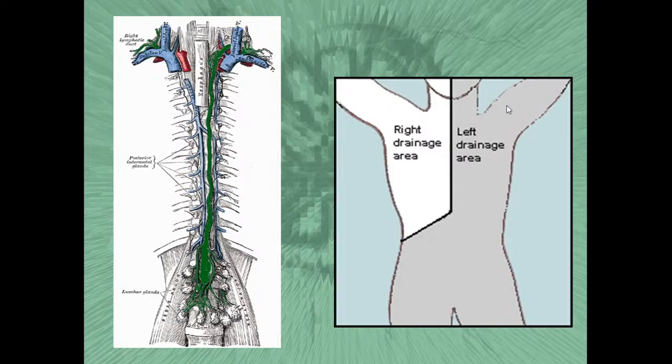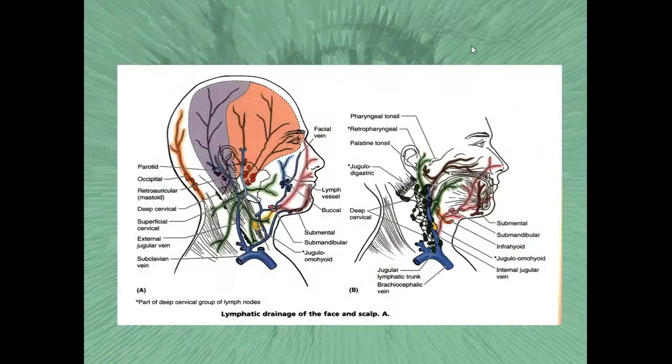And now we'll talk about the general principles of lymphatic drainage from the different organs and regions of the human body. We'll start with the lymphatic drainage of the head and neck.